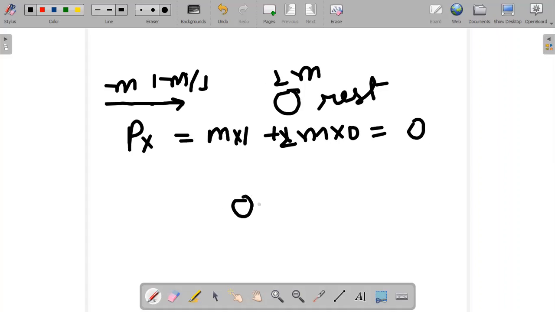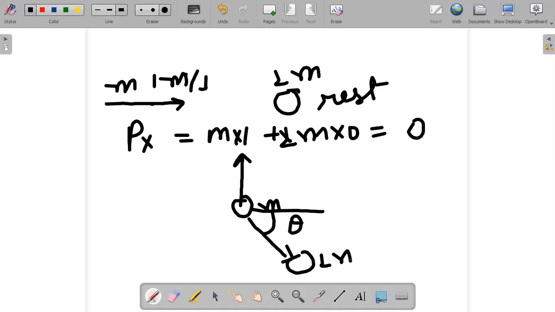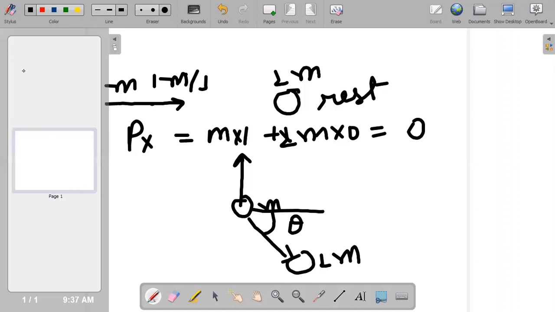The smaller mass m is moving at 90 degrees with the initial direction, and this 2m mass is moving by making some angle, let's say theta, along the initial direction. So we need to calculate theta. Is this problem understood, class?